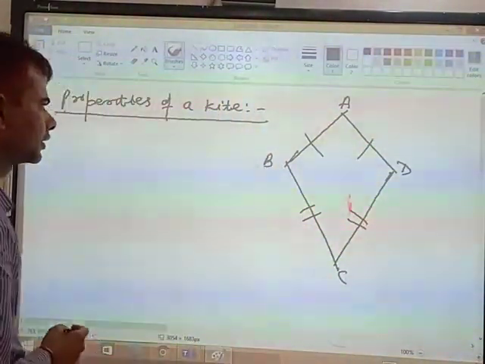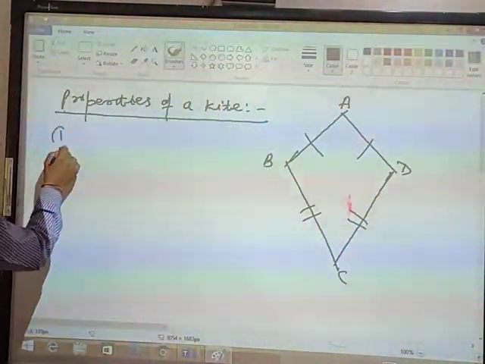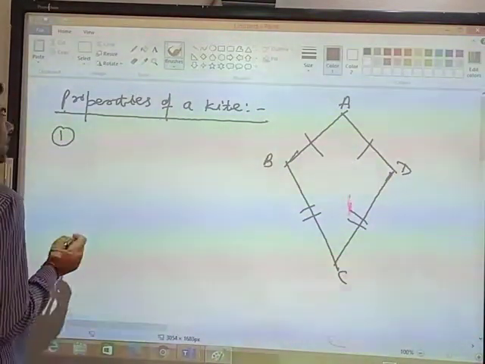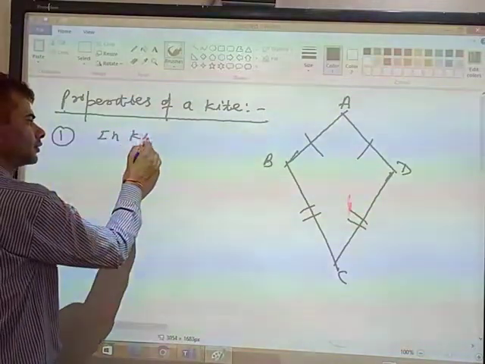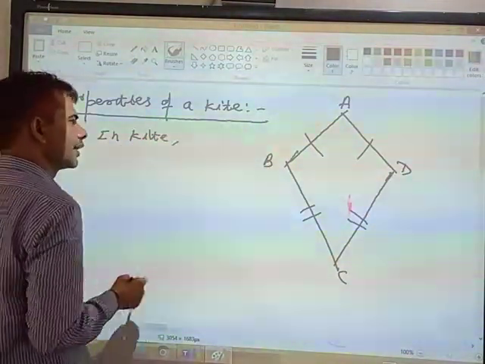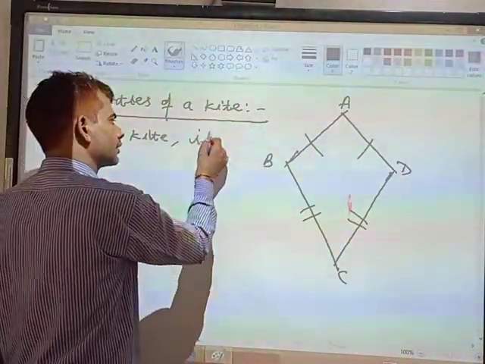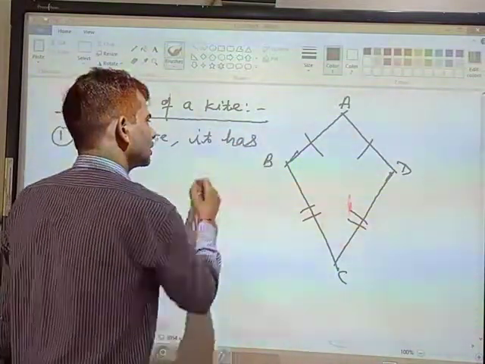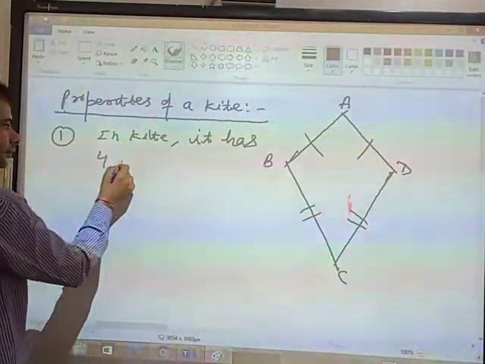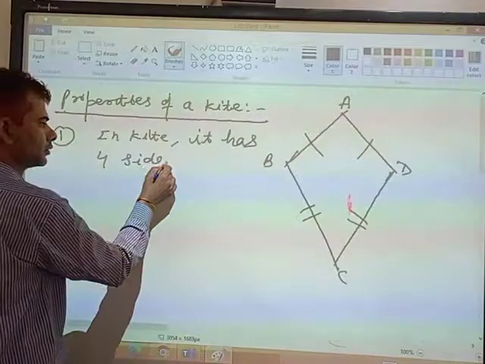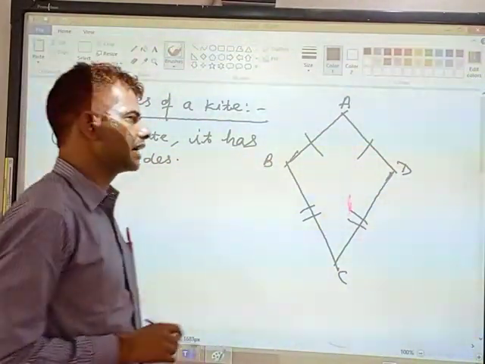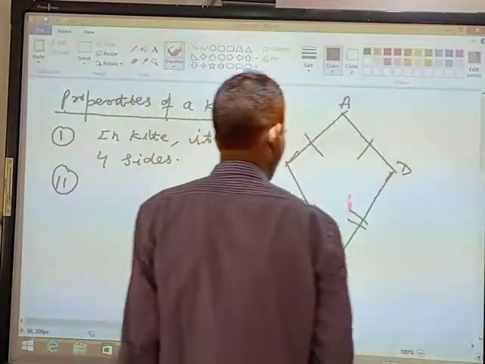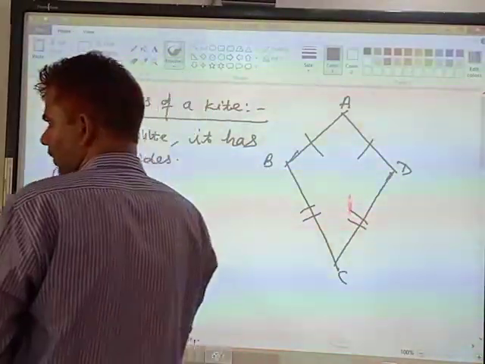In a kite, there are four sides. Adjacent sides are of equal length.